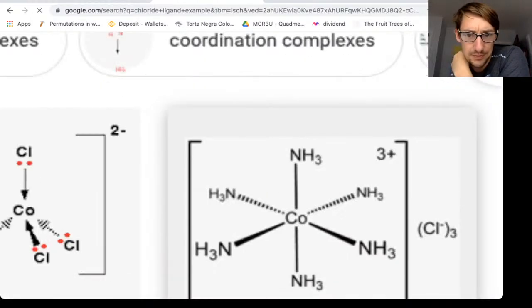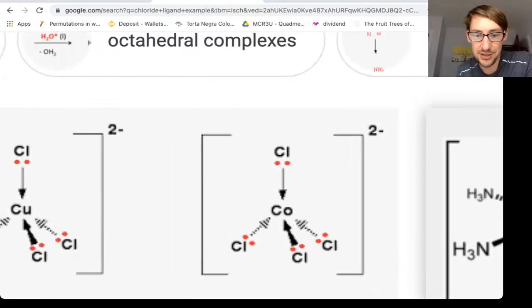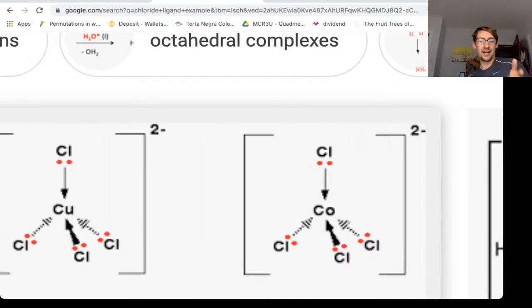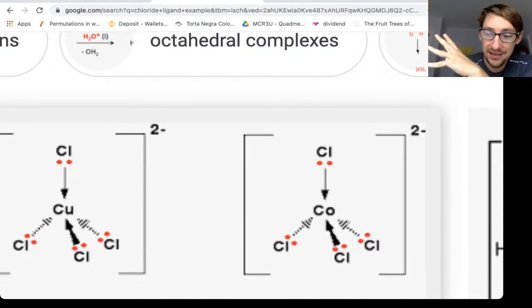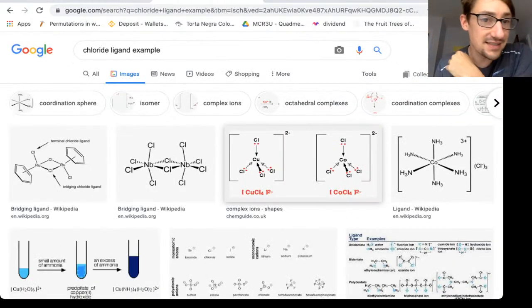We got a cobalt surrounded by ammonias. The N has a small minus charge. Yeah, here we have chloride ions being attracted to a cobalt. But again, they are bringing both of the electrons for that temporary covalent bond. That's why it's called coordinate covalent. Very nice.